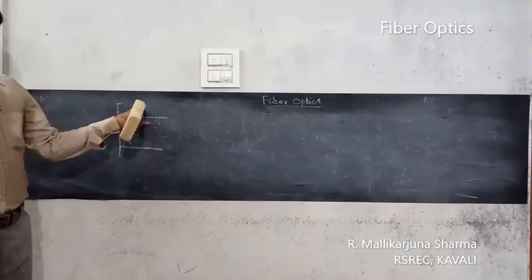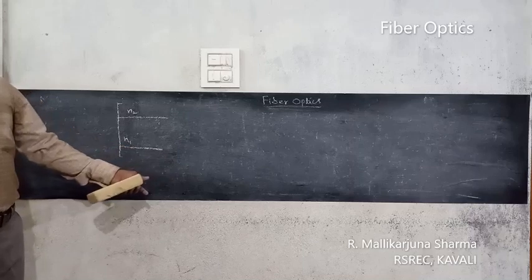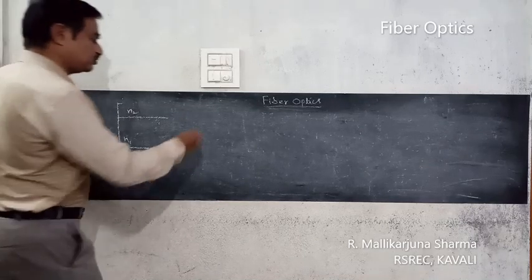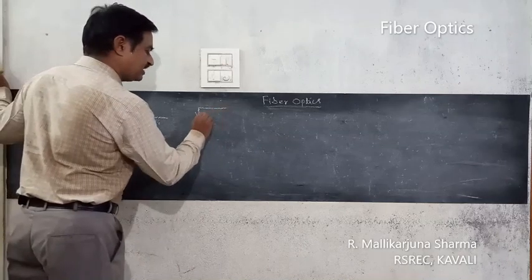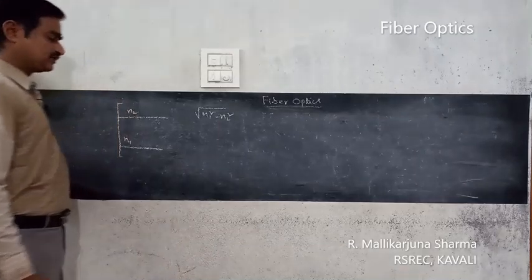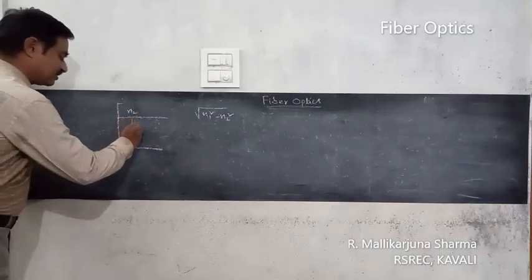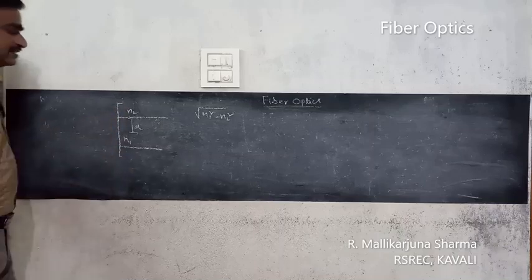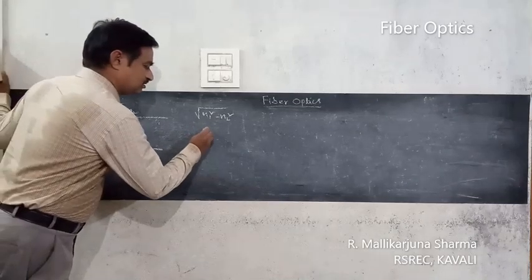Wherever there is an interface, the light ray is reflecting back into the core medium. That's why at the interface, the effective refractive index is taken as root of n1 square minus n2 square. If a is the radius of the core, then the circumference of the core is 2 pi a.